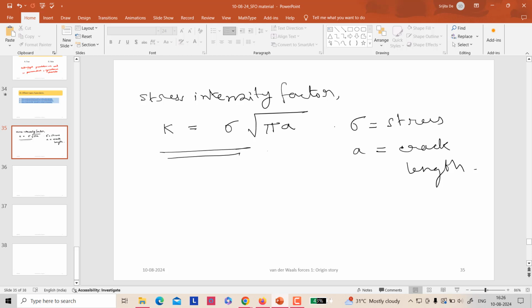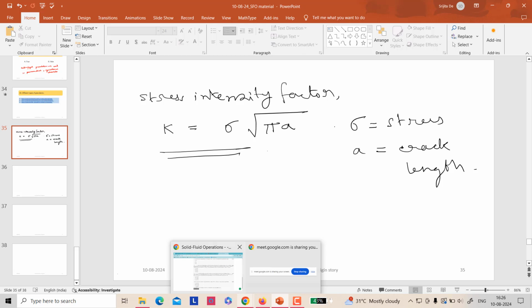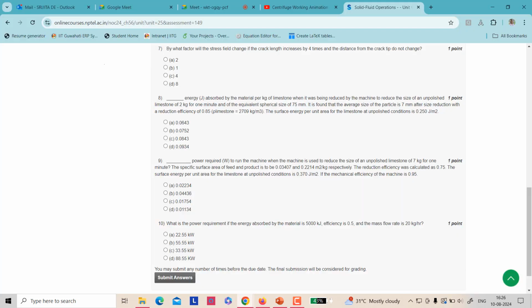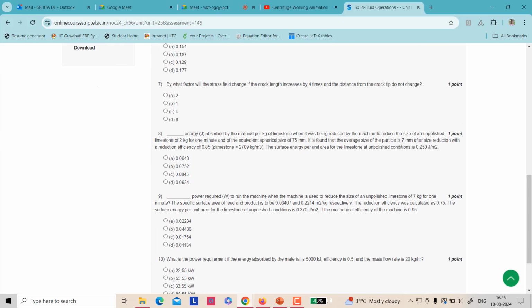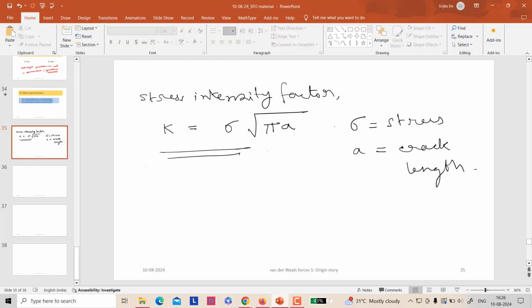So now I think you will be able to do it because everything is given. In the question it is said that by what factor will the stress field change if the crack length increases by 4 times and the distance from the crack tip does not change. So it is said that the crack length increases 4 times, right?